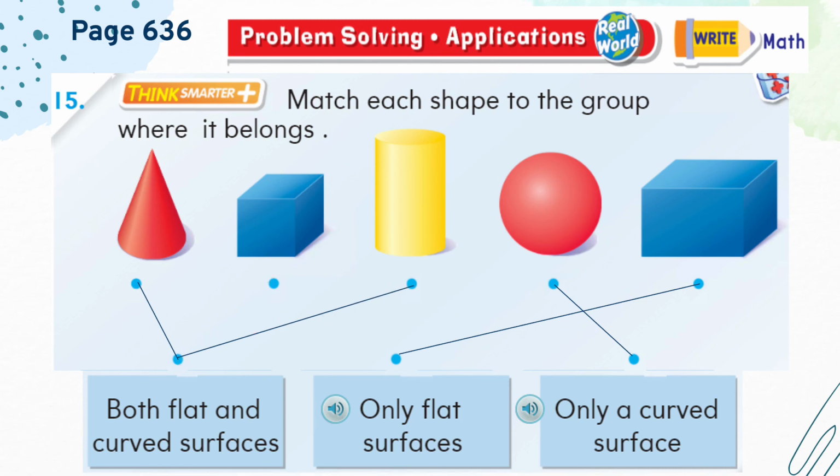Next, we have the last one, which is a cube. Now what did we study about a cube? Does it have any curved surface or does it only have flat surfaces? Very good, grade 1. You remember it well. A cube only has flat surfaces. So this is how we matched each three-dimensional shape to the group that it belongs to.